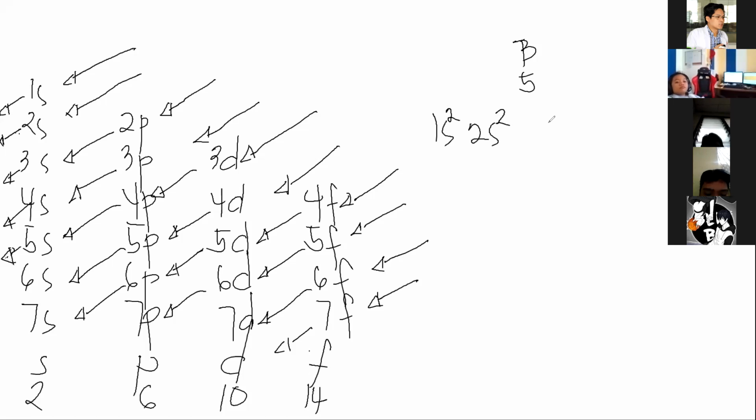And next is 2p, 1, which will total to 5 electrons. Correct? So your boron belongs to group 2p1.